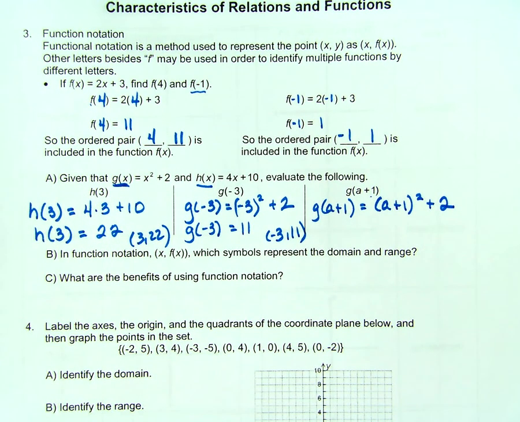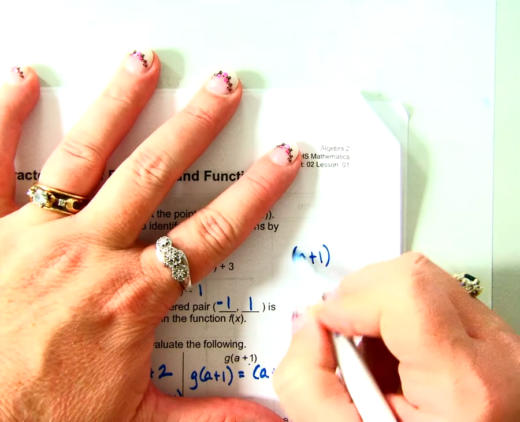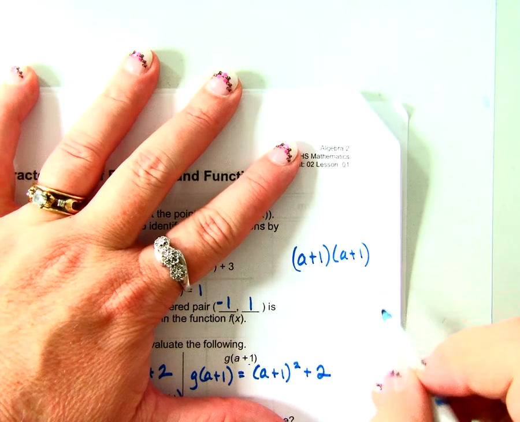What does a plus 1 squared mean? What does it mean for something to be squared? Multiply by itself. So doesn't that really mean a plus 1 times a plus 1?